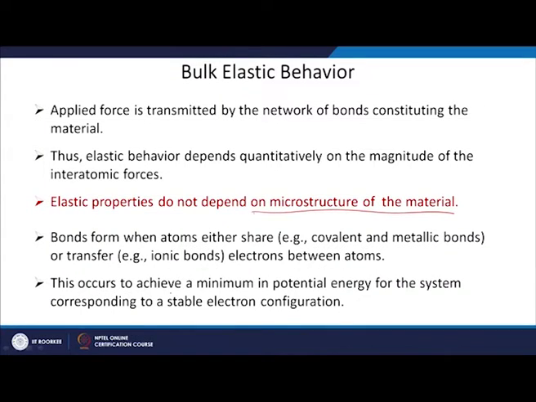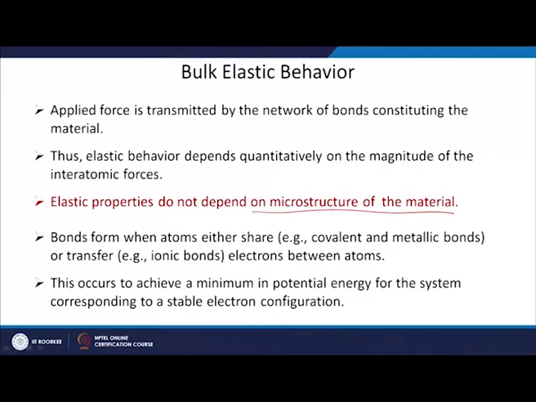Of course, the bond length should be such that it minimizes the potential energy for the system. So, let me just bring this aspect out. If you see in terms of potential energy, the curve for potential energy is something like this.